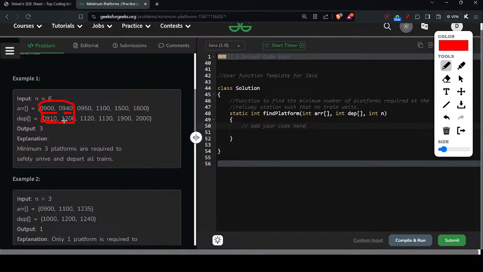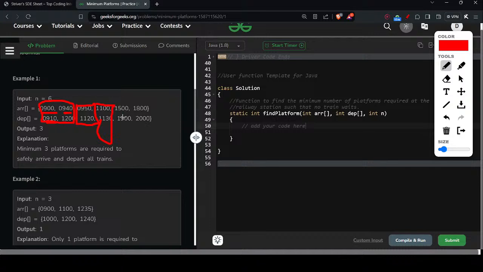Since the second is at 1200, it needs to be taken into consideration for a second platform. After that, another platform will be required for 1100 because no train is being emptied at this time.